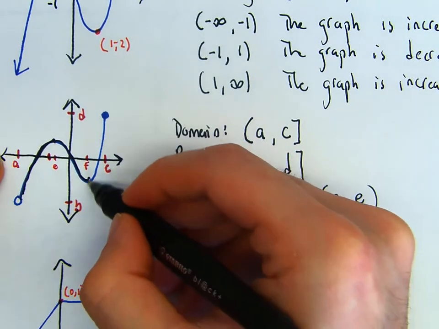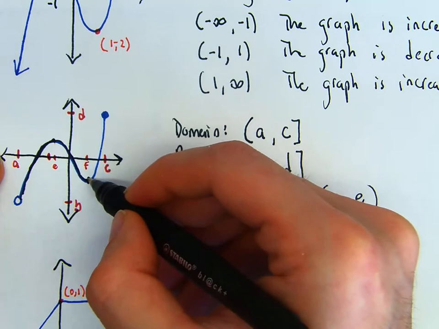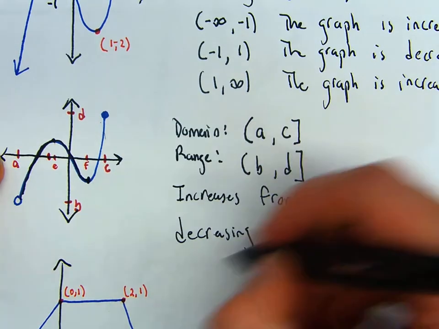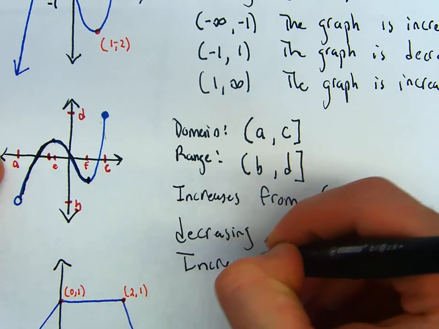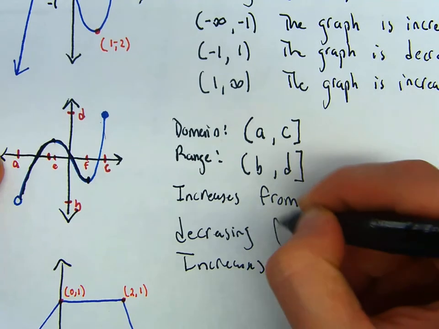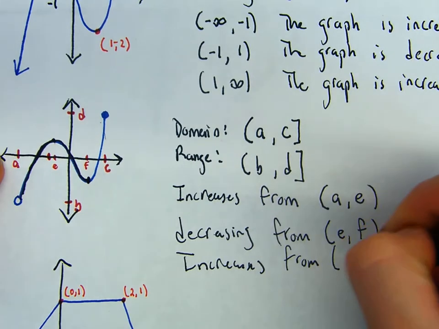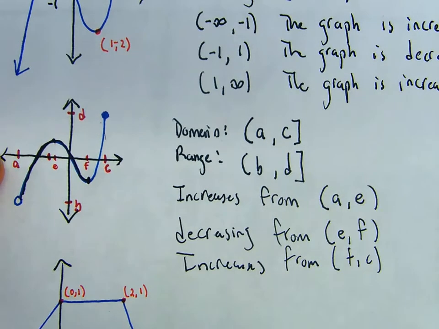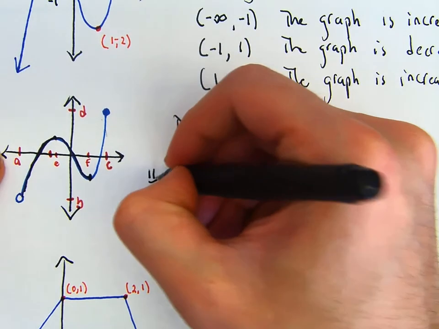And then from F to C, our x value F to C, it increases again. That's the idea for this graph.